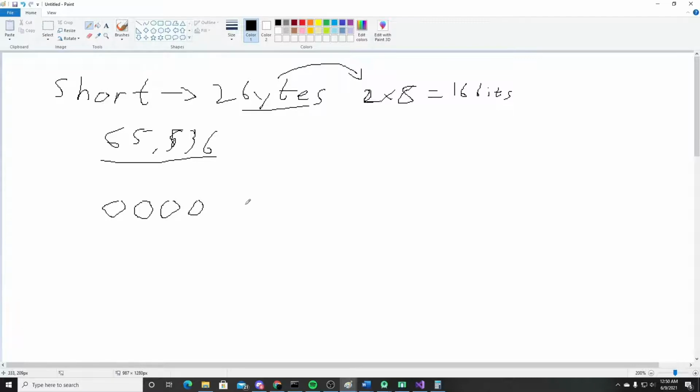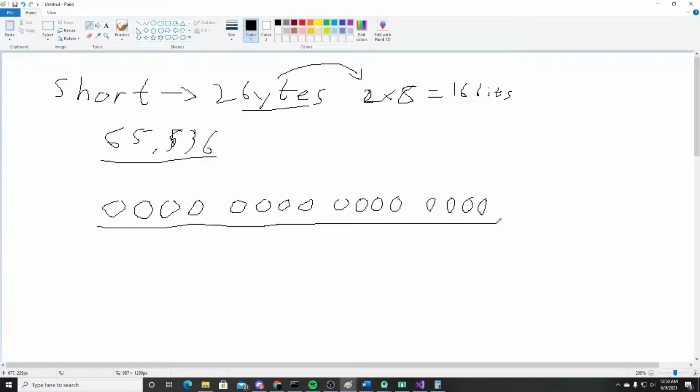So we have 1, 2, 3, 4, 5, 6, 7, 8, and 9, 10, 11, 12, 13, 14, 15, 16. So these are 16 bits. This is the number of bits that makes up a short data type in C++.